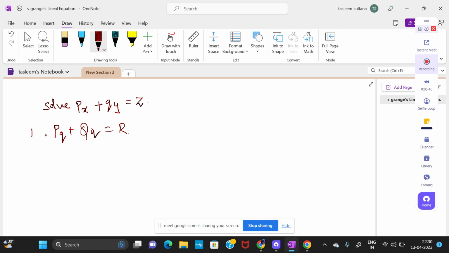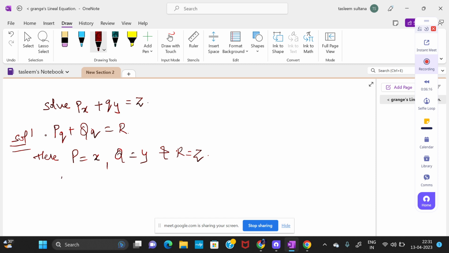So x is the value for capital P, y is the value for capital Q, and z is the value for capital R. Therefore, here P is equal to x, Q is equal to y and R is equal to z.